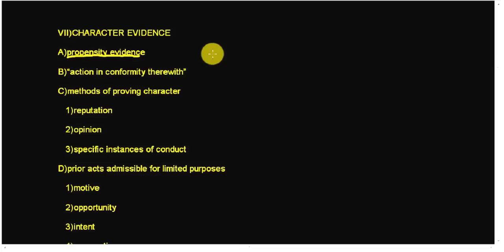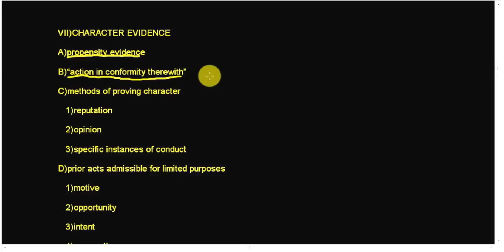This is why the general rule regarding character evidence is as follows, and I quote, "Evidence of a person's character or a trait of character is not admissible for the purpose of proving action in conformity therewith." And I put these four words here because they're very important in how you understand character evidence.